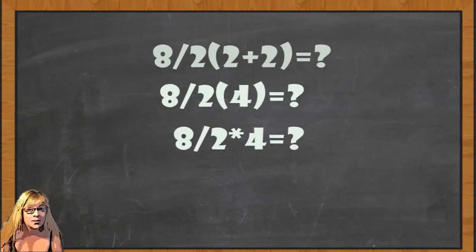Next step is we have to take care of those brackets. But let's do it this way first, because we know if it's in brackets, it's multiplied to the number that it's paired up against. So 8 divided by 2 times 4 equals question mark.